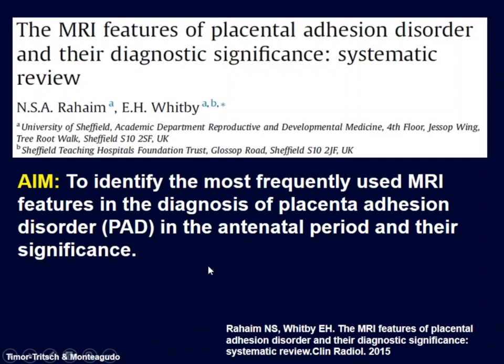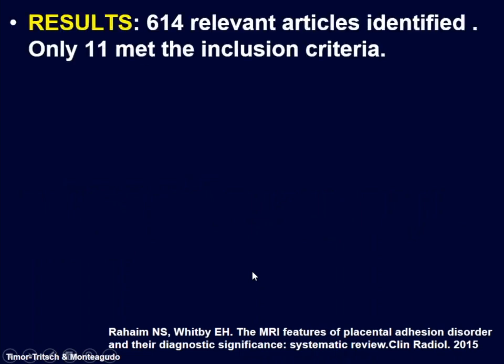This article is useful since it sheds light on the MRI features of placental adhesion disorders and their diagnostic significance. It is a systematic review, and its aim was to identify the most frequently used MRI features in the diagnosis of a placental adhesion disorder in the antenatal period and their significance.